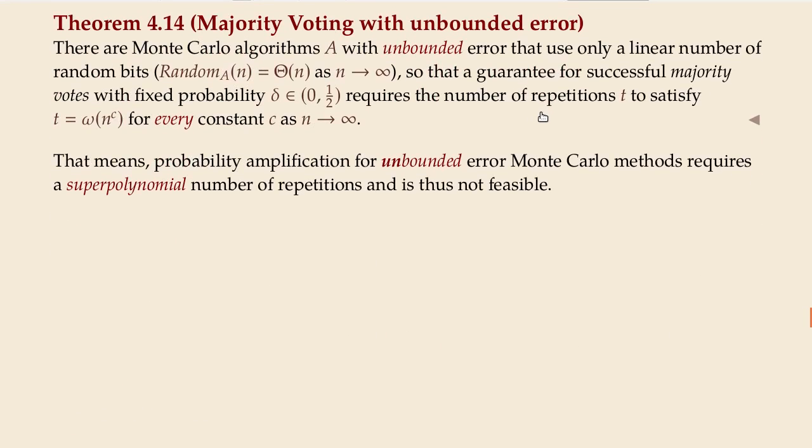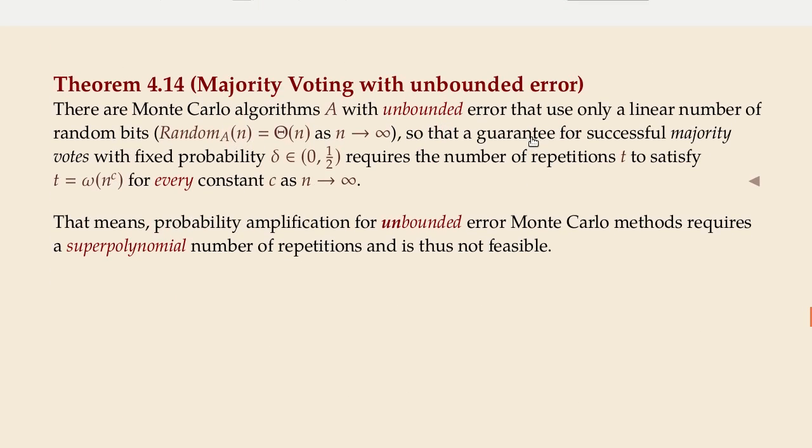Now let's look at the unbounded error case. And here I only show a negative result. That's a bit tough to read, but it's actually a simple statement. So it says in the worst case, there are Monte Carlo algorithms with unbounded errors.